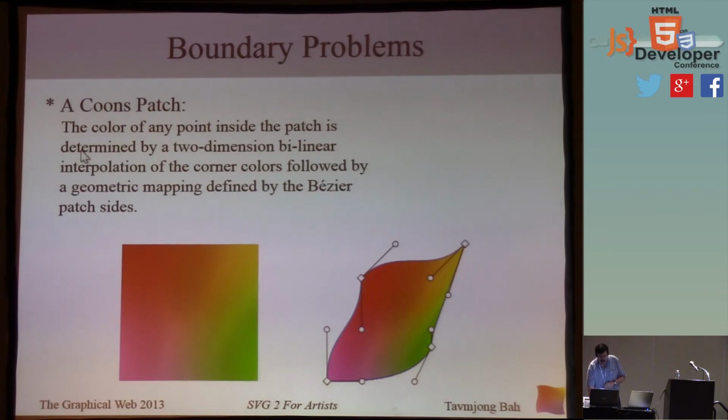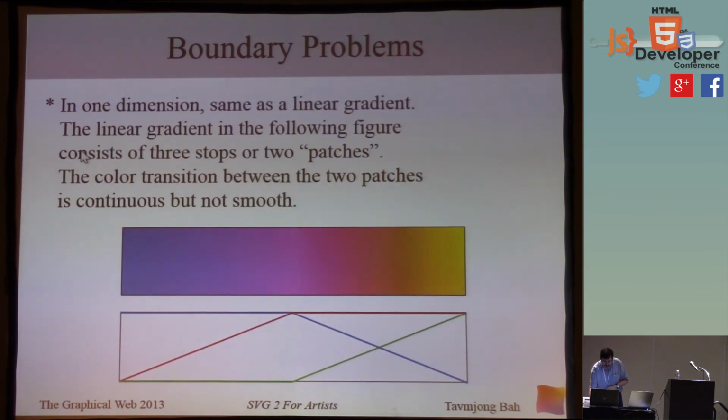But there is some problem that we have to deal with, and that is what to do with the boundary. In one dimension, a mesh is like a linear gradient, and here is a gradient composed of what would be equivalent to 2 patches.